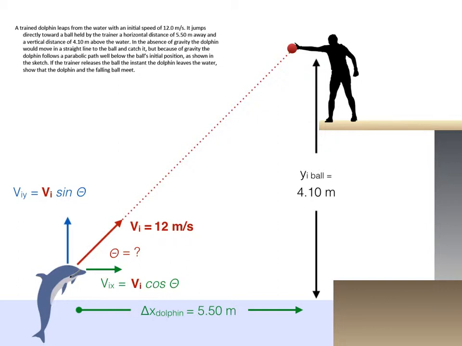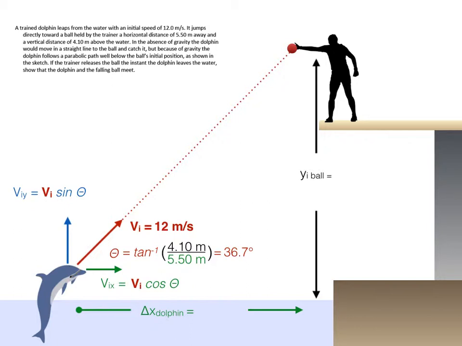So we can find the angle by taking the inverse tangent of the opposite over the adjacent, 4.1 meters over 5.5 meters. That gives us our angle theta, and that is 36.7 degrees, because we know the horizontal distance and the vertical distance.